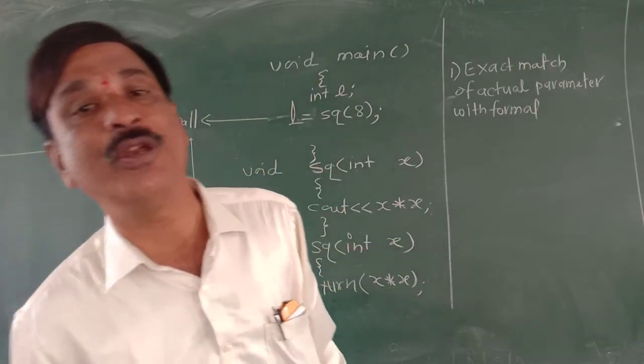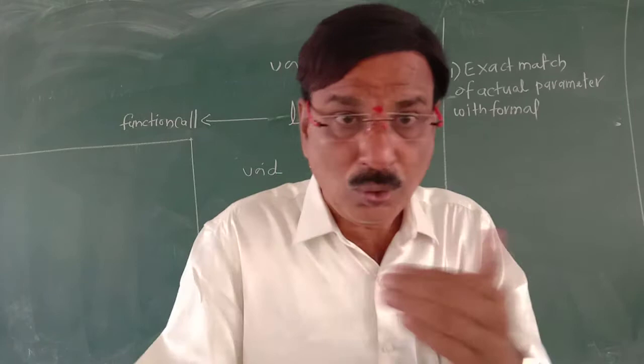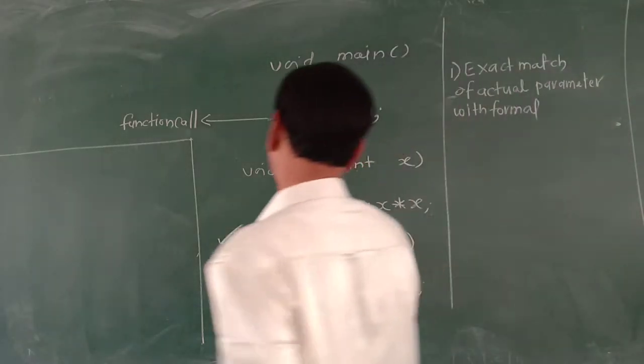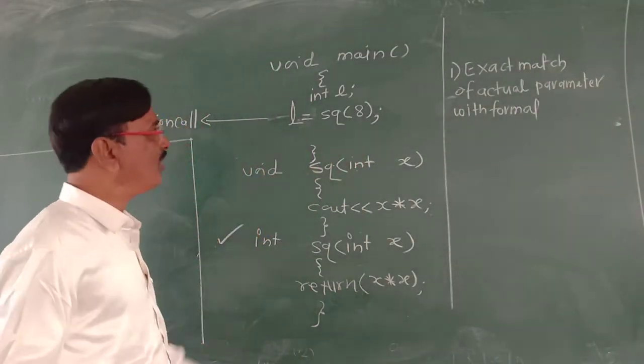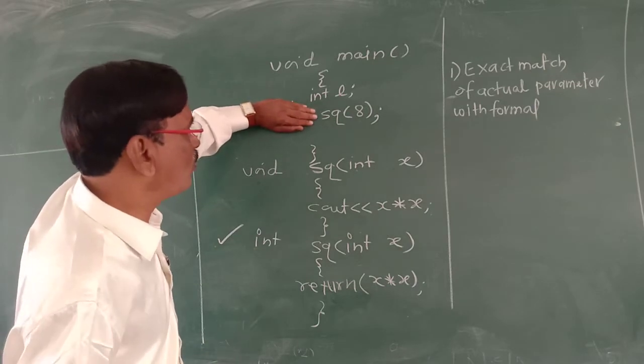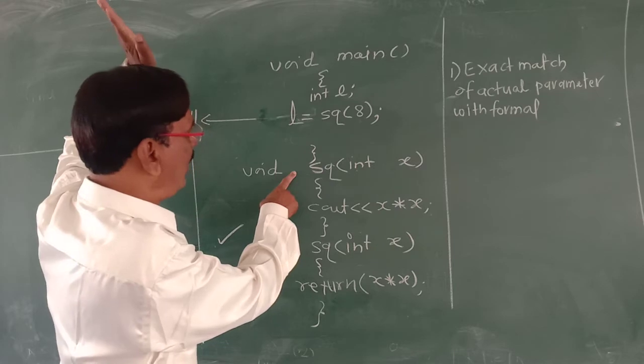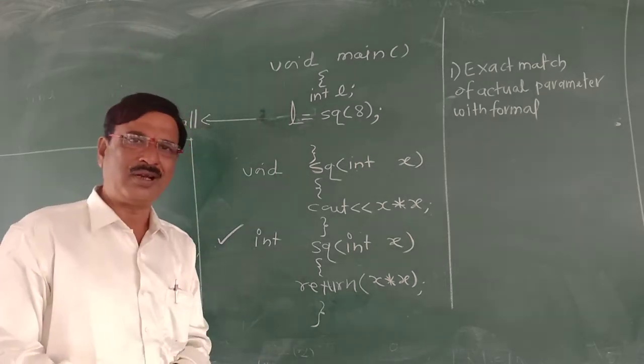Which function is to be executed? That depends upon the parameter we pass and the return type. As we have seen, when sq function was called without any return, the first one was selected. When L is equal to sq, the second is selected.